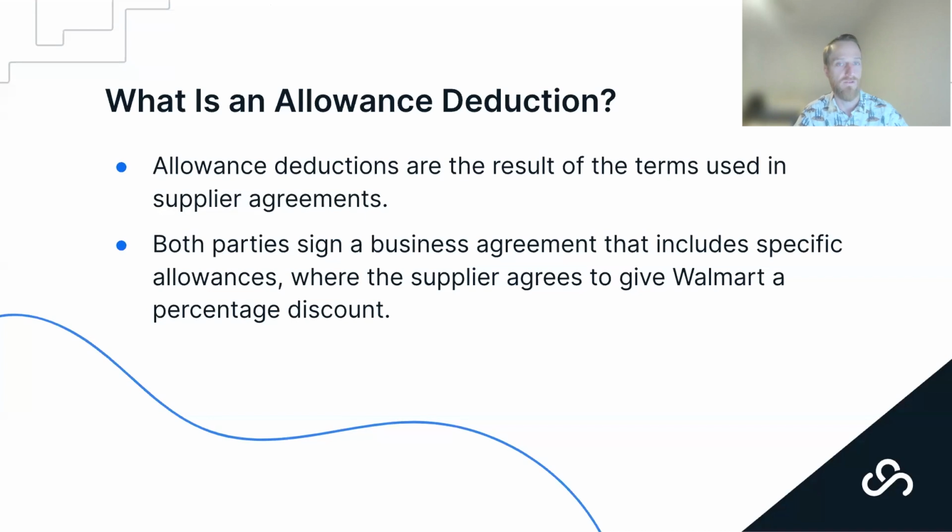And so that's the scenario we'll talk about. Sometimes Walmart improperly issues these allowance deductions. And then often a supplier is just not giving the allowance as well. We'll talk about how to identify those root causes to see who's at fault and what you can do about it.